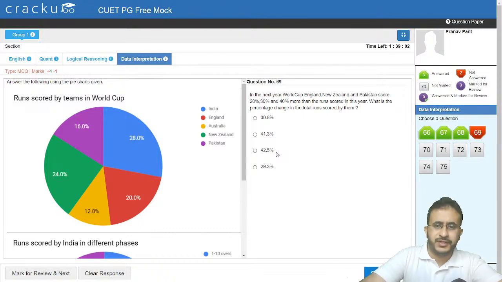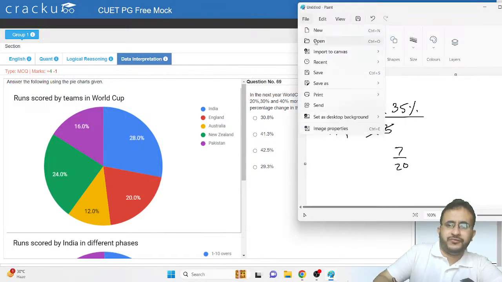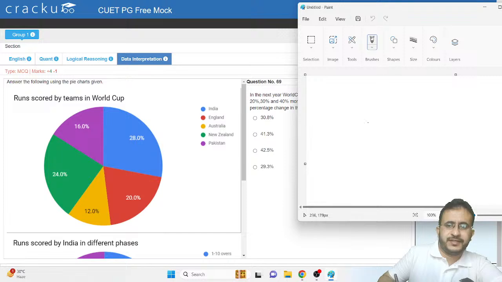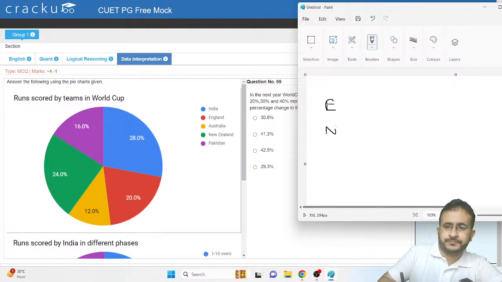In the next World Cup, England, New Zealand, Pakistan scored 20, 30 and 40% more runs. What is the percentage change in the total runs scored by them? Okay, so you do not need to find the number of runs. This is the beauty of pie chart, right? So it says England, New Zealand, Pakistan 20, 30, 40% more. Okay, so that is the increase.